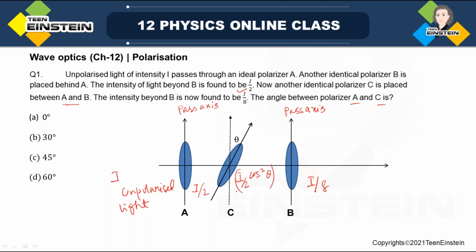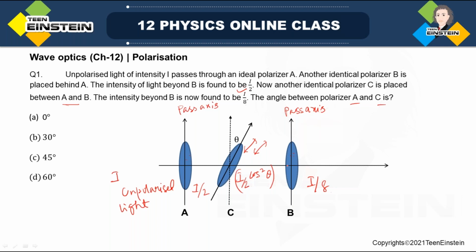Okay. Now look, since A and B have identical pass axes, that means the orientation of the pass axis is in the same direction, vertical direction in this case, the light passing through has electric field vector in this direction.